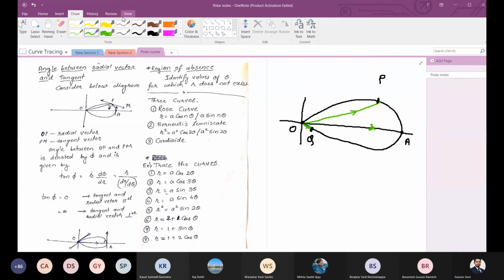So the tangent at the point A is this. The tangent at point P is like this. And the tangent at the point Q is going to be like this.